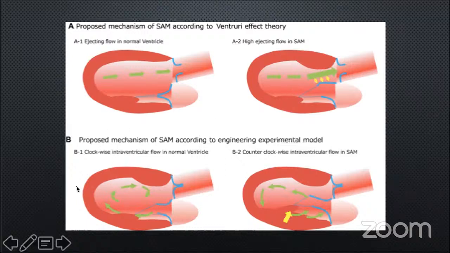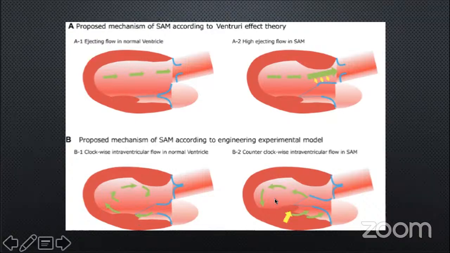Here is another proposed mechanism of systolic anterior motion according to an engineering experimental model. Here we can see the clockwise normal flowing of blood from the mitral valve to the left ventricle and then to the LVOT. But this is a normal left ventricle and normal structural units of the mitral valve.